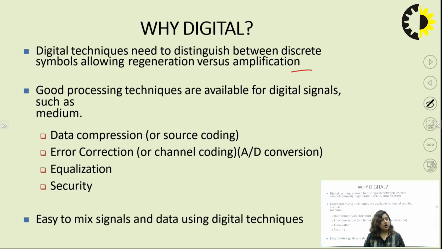Then security features are also available in digital, like scrambling, where we can encrypt or decrypt data according to our need. Then it is easy to mix signals and data using digital techniques. Multiplexing techniques can be used with digital techniques, which is not possible in analog techniques.